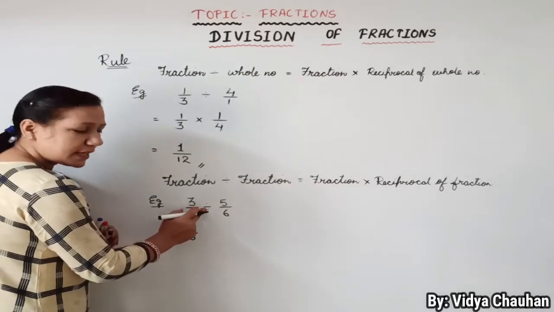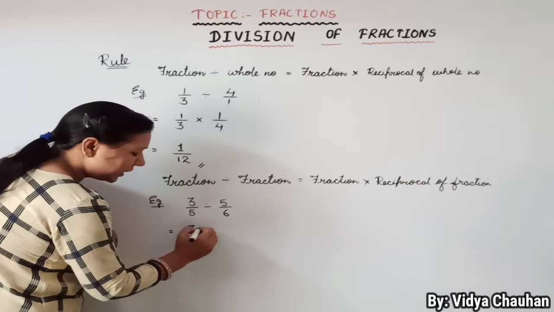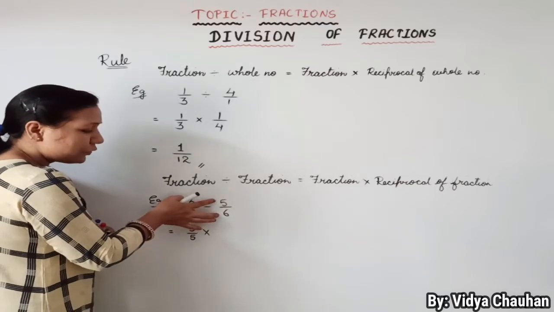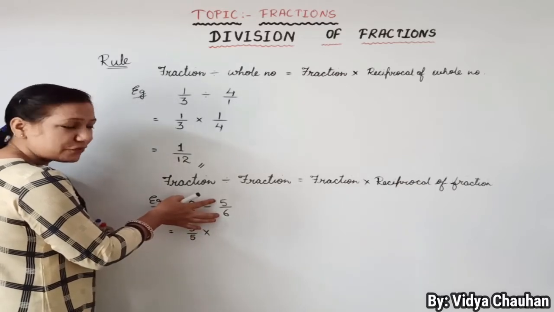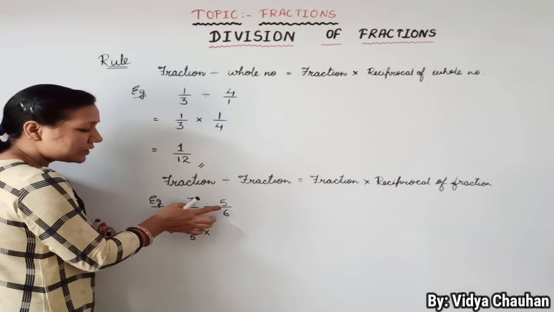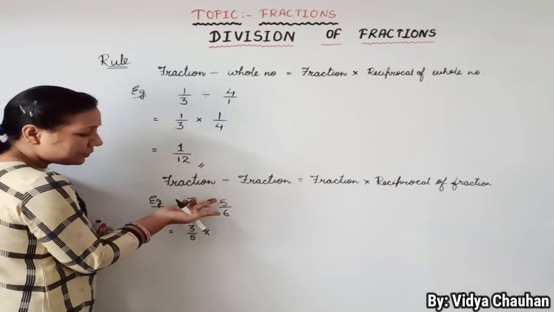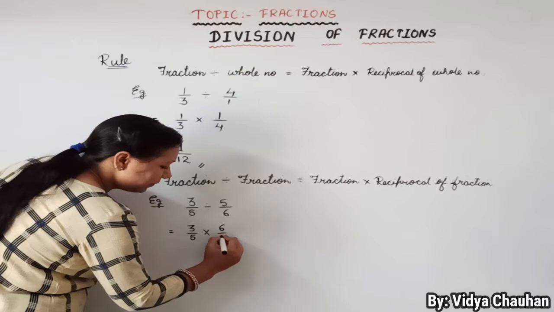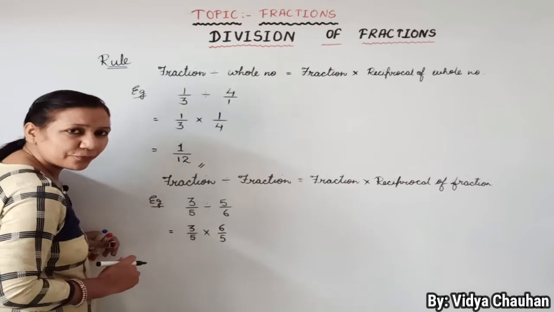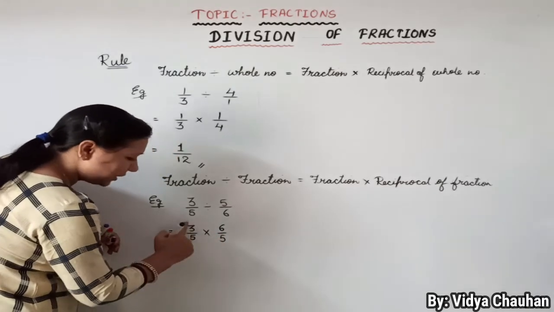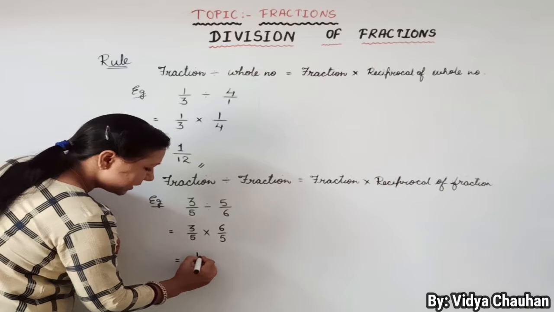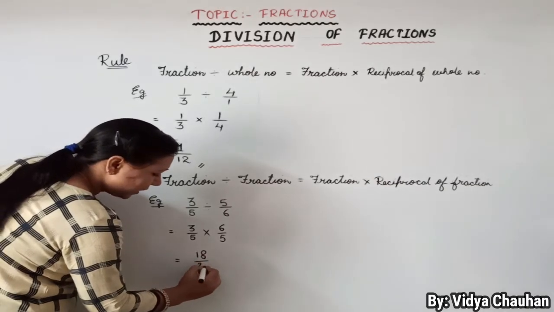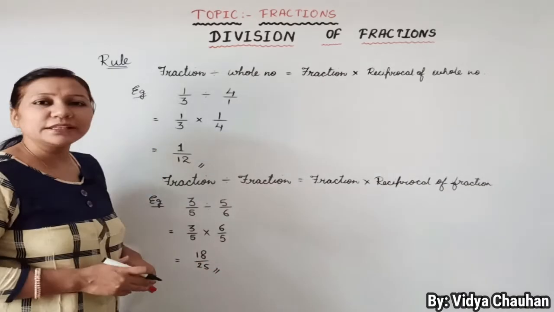Then replace the sign of divide by multiplication, and then take the reciprocal of the next fraction, 5 upon 6. What we have to do is simply interchange its value. So 5 upon 6 will become 6 upon 5. Then you can simply multiply by the rule of multiplication. 6 threes are 18, 5 fives are 25. That's what your answer is.